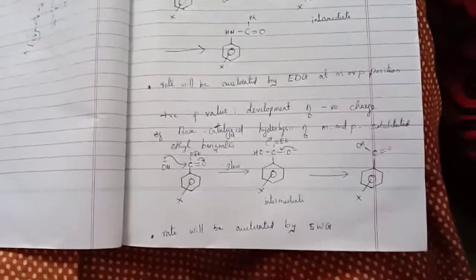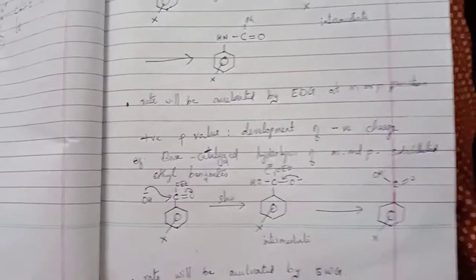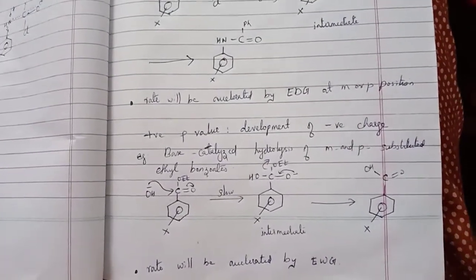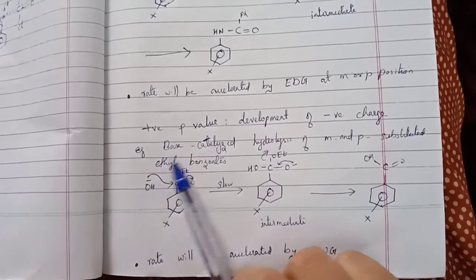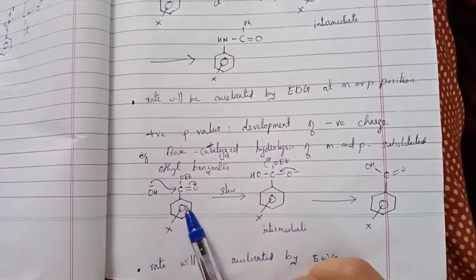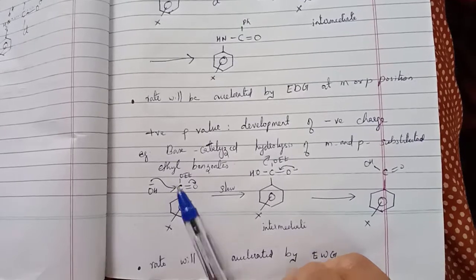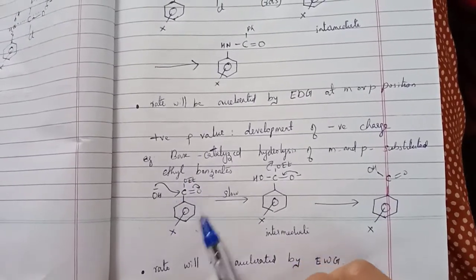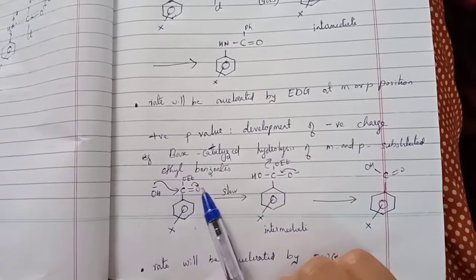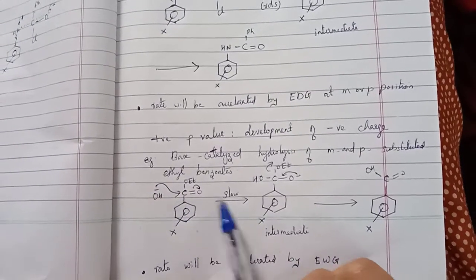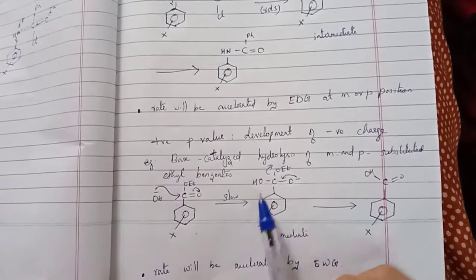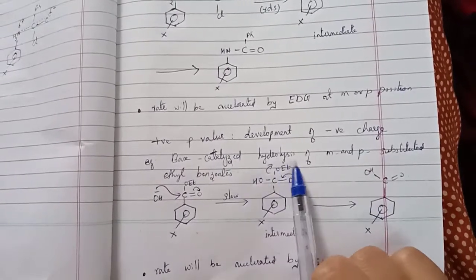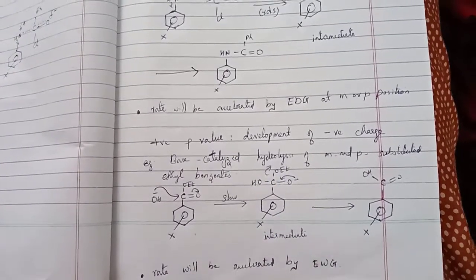Okay, for this the example is base catalyzed hydrolysis of meta and para substituted ethyl benzoates. This reaction we have seen earlier in the Hammett equation also. So this is the ethyl benzoate, meta and para substituted ethyl benzoate base catalyzed hydrolysis. The first step is the slow step, RDS. Okay, this is the tetrahedral intermediate that we have seen earlier.